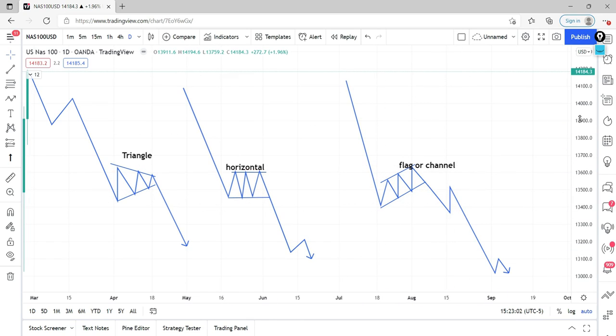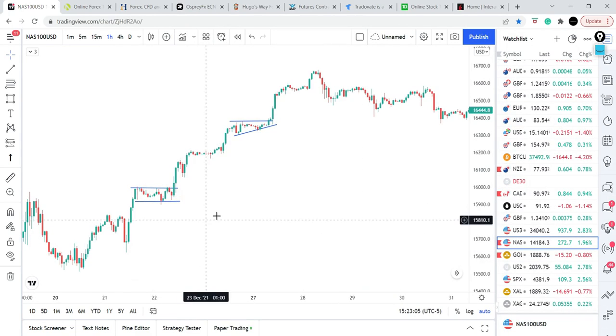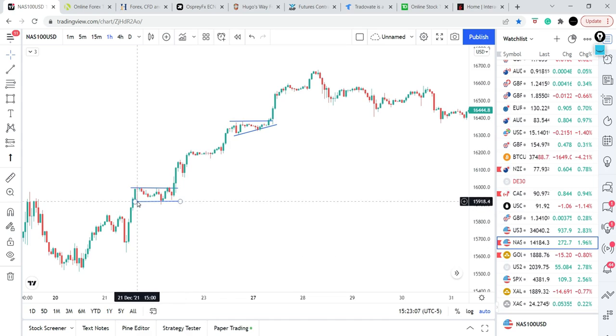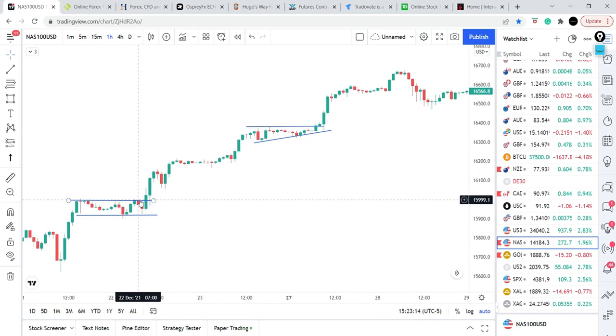So let's go to some real life examples. All right. So here is an up move right here in a nice horizontal consolidation pattern. We want to get in as soon as it breaks the top, okay, which is right here. The top of this horizontal consolidation, we want to get in as soon as it breaks the top, okay, and we can put our stop loss.